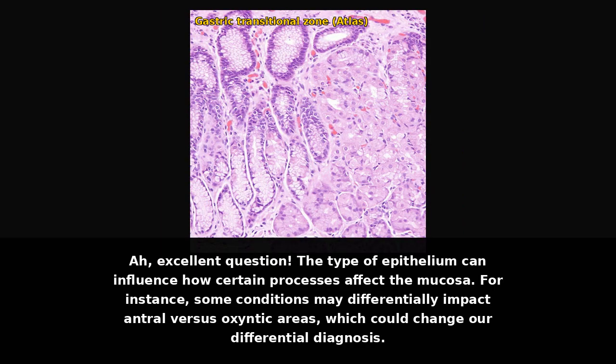Excellent question. The type of epithelium can influence how certain processes affect the mucosa. For instance, some conditions may differentially impact antral versus oxyntic areas, which could change our differential diagnosis.